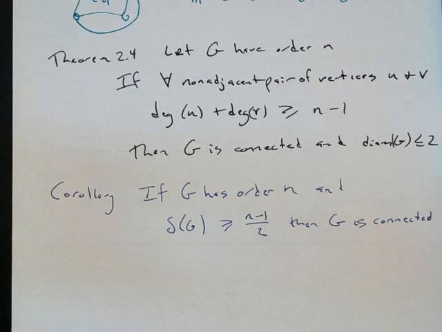By the way, this is a sharp bound. If you have even one vertex whose degree is smaller than n minus 1 over 2, you can't guarantee connectedness. There's actually an example in the text, well, written out a proof in the text on page 35. What if I had a graph that was disconnected?